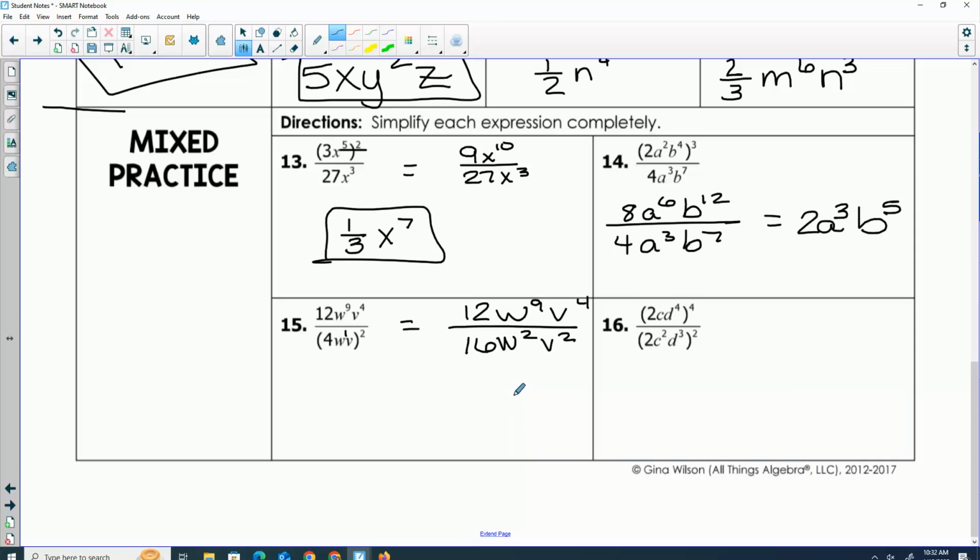So 12 over 16, what does that reduce to? 12 over 16, 3 over 4. W's, 9 minus 2 is 7. V, 4 minus 2 is 2.